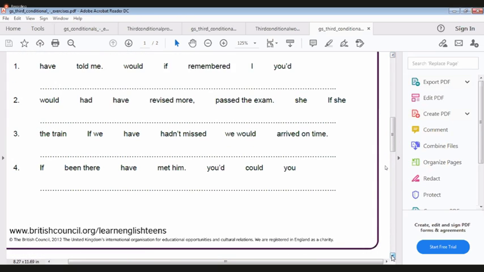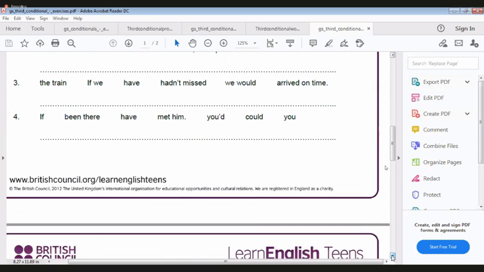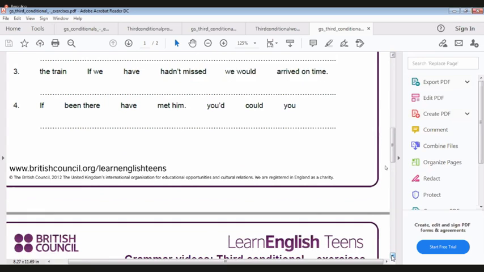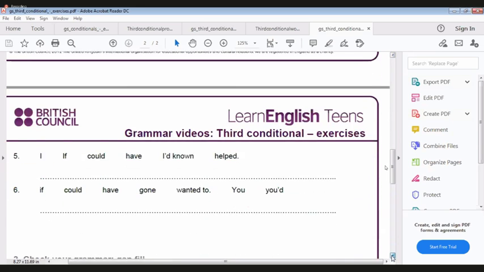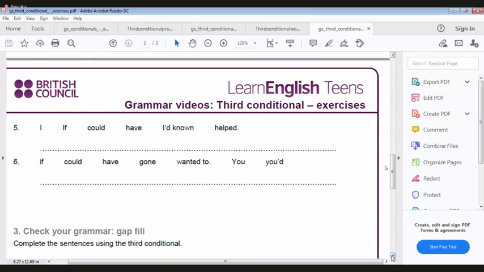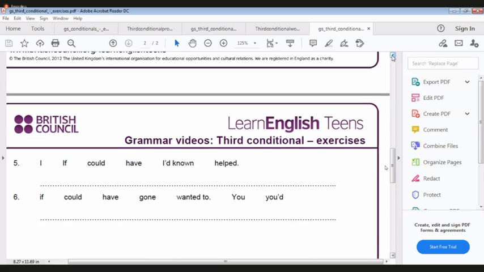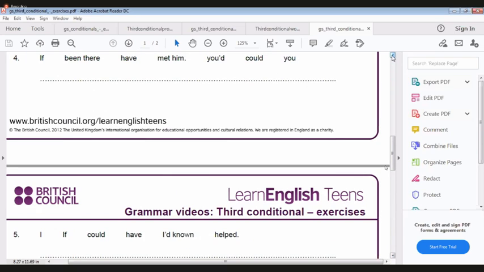There are two more down. Have you finished the first four? Yes, Himansa? Yes, ma'am. Finish these two also quickly. Okay. Do the fifth one, Himansa.